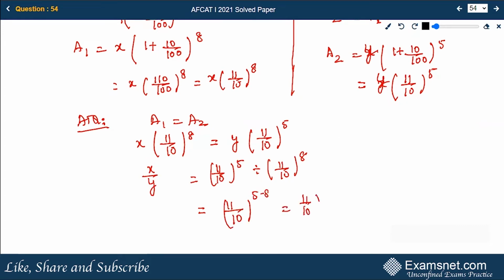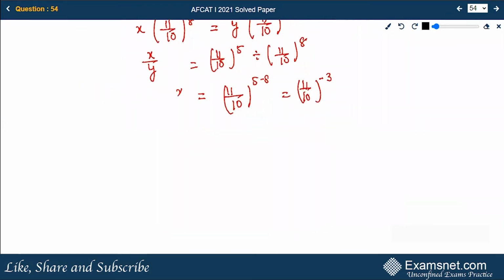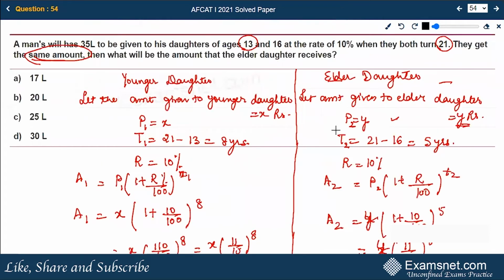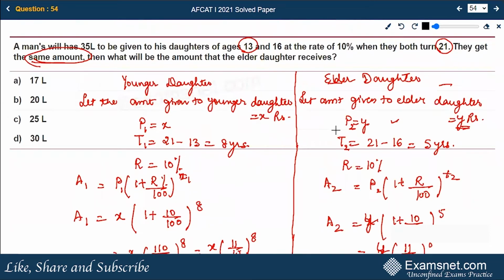So this will be 11 upon 10 raised to power minus 3, which will make it X upon Y is equal to 10 upon 11 raised to power 3, right? So this is equal to 1000 upon 1331.